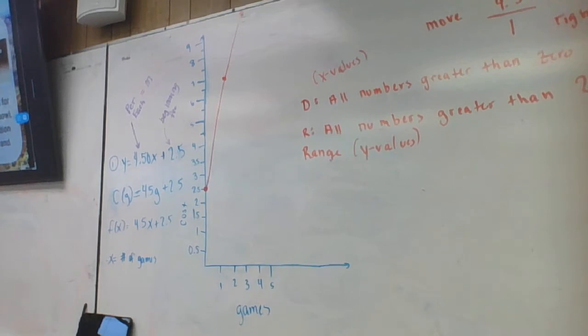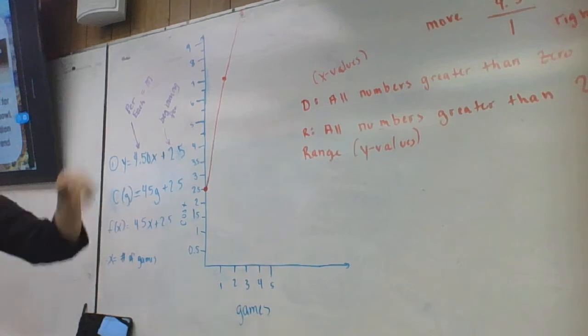Because there will be some limit. Like, you're not going to play 100 bowling games. I mean, unless you're like a frequent bowler and go all year. You're not going to play infinity bowling games. Like, it's not going to go on forever. But if they don't tell us an end here, we're just going to show.